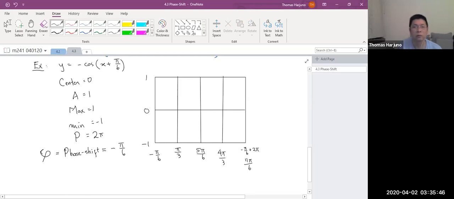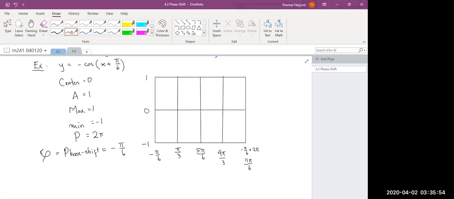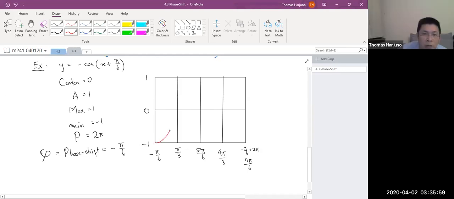Do I start from the top, the middle, or the bottom? Bottom, because it's negative cosine, right? Like this.